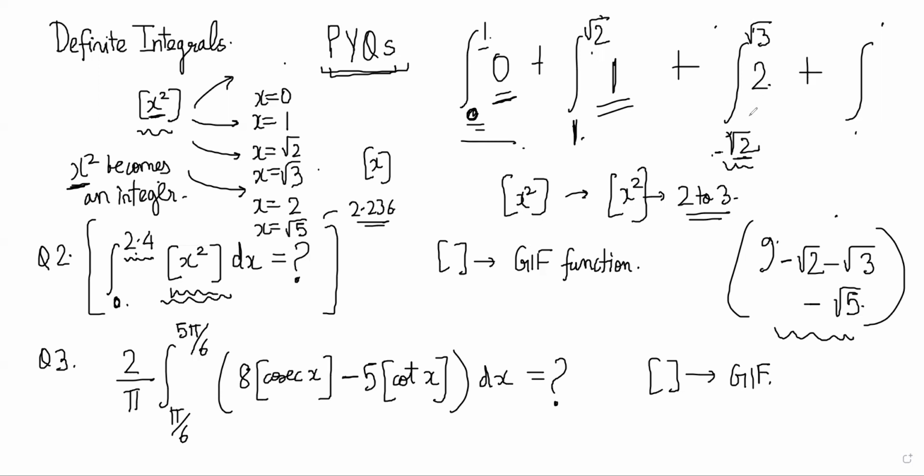Yeah. Are you understanding right now? Yes, sir, I'm understanding right now. The point is that you are taking GIF of x square, no? Yes, sir. Not GIF of x. अगर x का GIF करते तो फिर क्या होता? तब तो 1 ही हो जाता जो तुम बोल रहे हो, राइट?